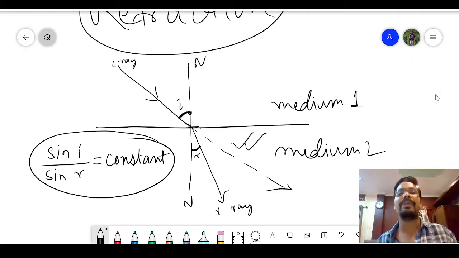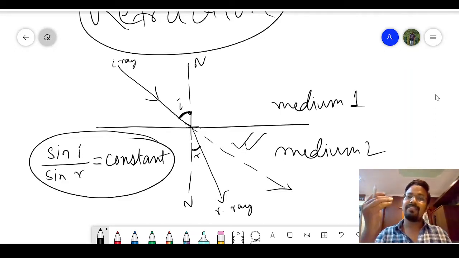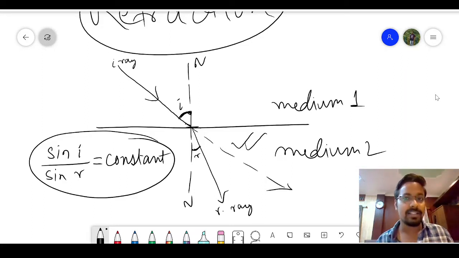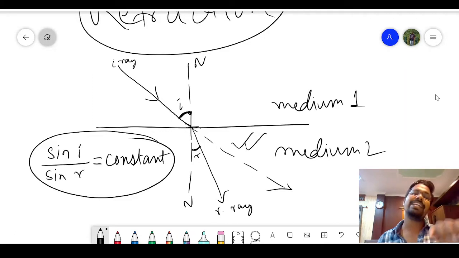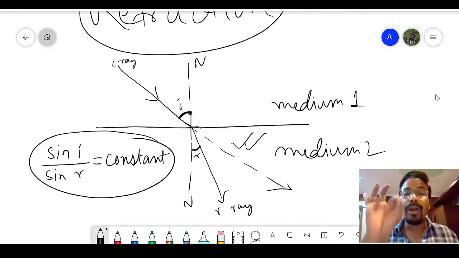Now if you change the medium, suppose you replace water with oil, suppose mustard oil. Now this value sine I by sine R for air and mustard oil is going to be different from air and water. But in any situation, if you try to find this ratio between air and mustard oil, it will always remain the same, irrespective of geographical location or temperature or any other case where the density does not change.